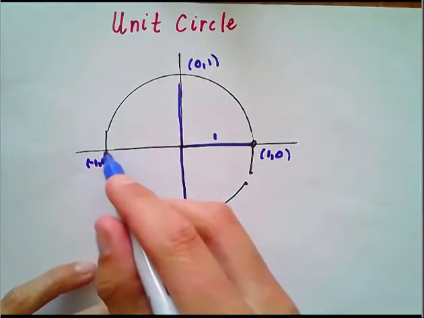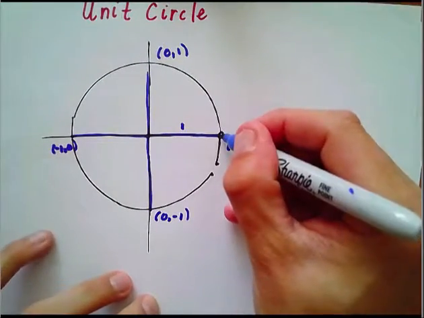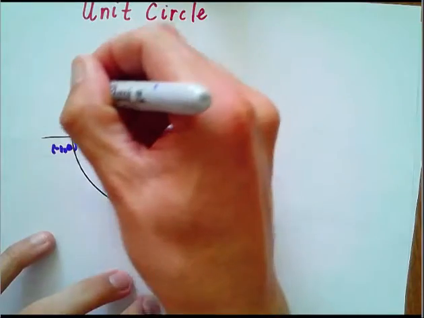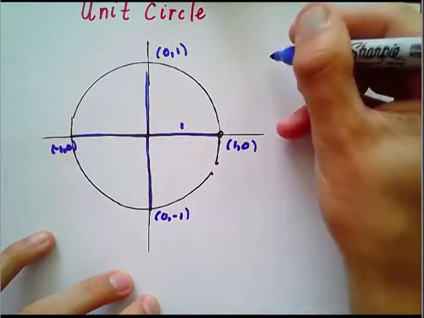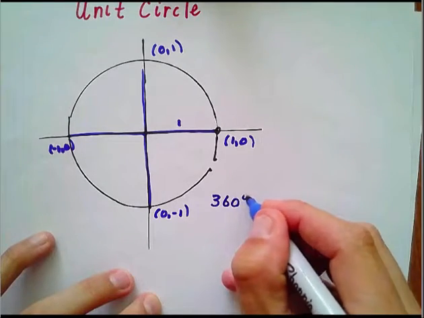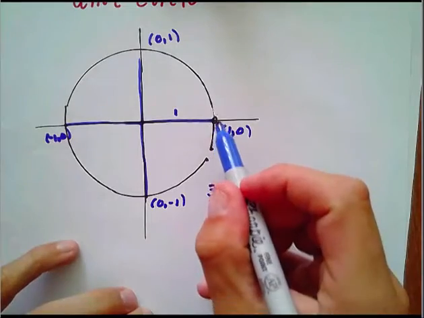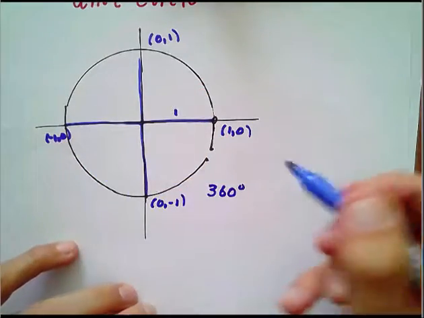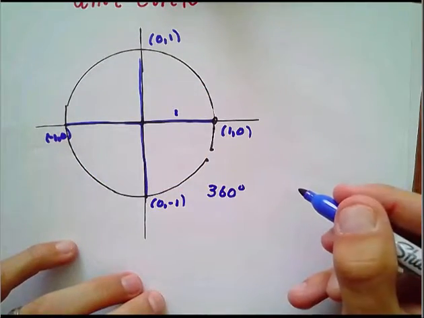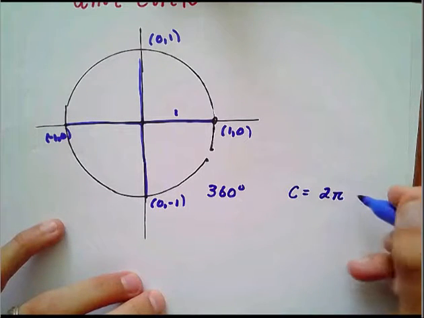Okay, when we talk about a circle, if we go all the way around one time, that is 360 degrees. So we know that one time around is 360 degrees. So if we think about the circumference of a circle, the circumference is equal to 2 pi times the radius.